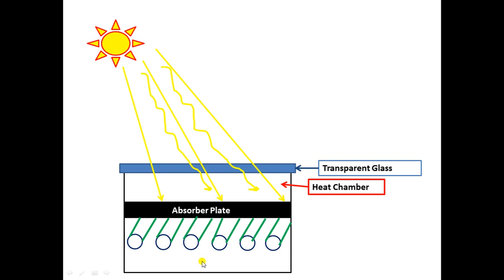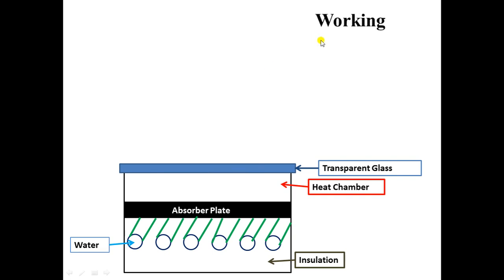The insulation thickness is mainly 5 to 10 centimeters. All of these parts are placed in this rectangular component, with water inside the tubes and the remaining part filled with insulation such as glass wool. So this is the construction of the liquid flat plate collector.